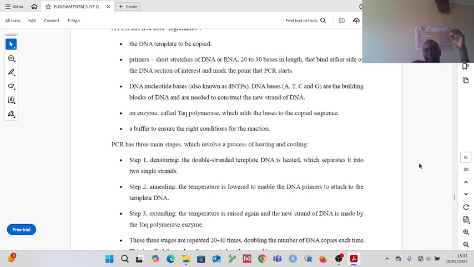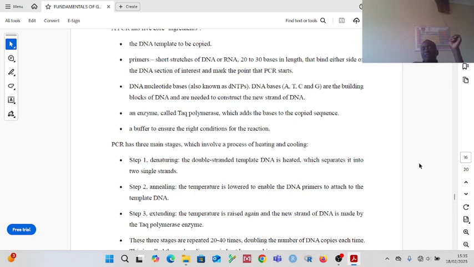Then after the first stage of denaturing, annealing comes in. In annealing, you allow the temperature to drop so that the primers that we put can attach to the DNA template. So annealing is just the attachment of the primers to the DNA template.